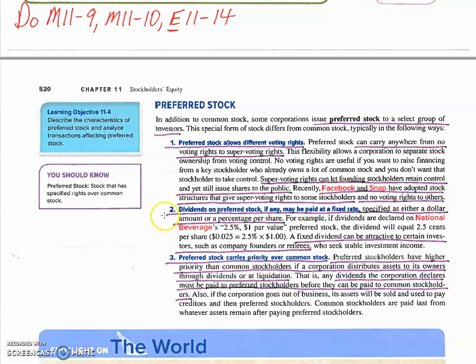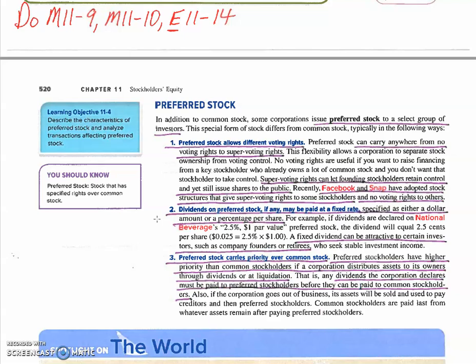Now, dividends on preferred are usually at a fixed rate, usually either at a set amount per share. For example, it might be at $5 per share dividend, or as a percentage of par value of the stock.